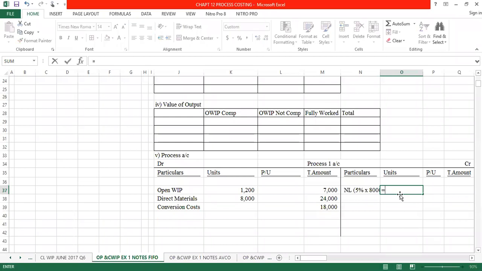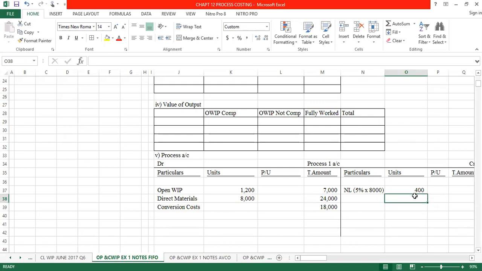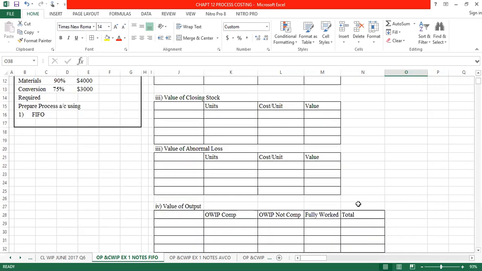It gives us 5% times 8,000, which gives you 400.